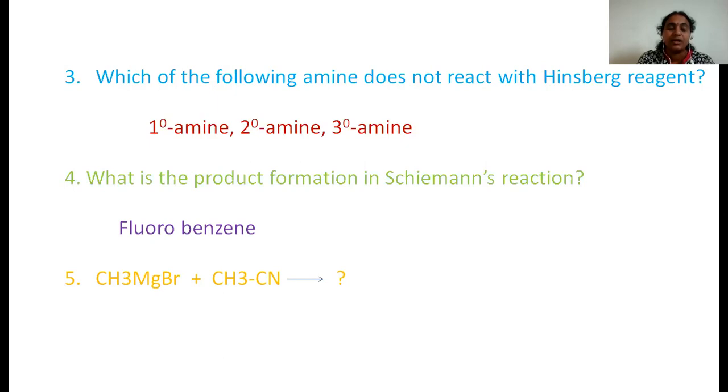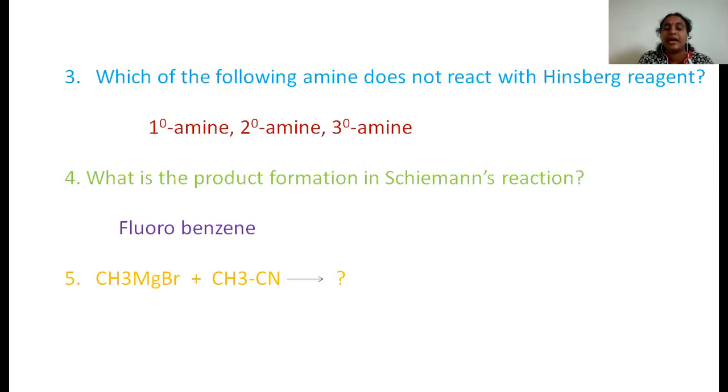And the next reaction, methyl magnesium bromide, which is the Grignard reagent, reacts with methyl cyanide. What is the product here? In this Grignard reagent, methyl exists with a negative charge, whereas magnesium bromide exists with a positive charge. In methyl cyanide, nitrogen is the more electronegative atom, so it pulls the bonding electrons towards itself.